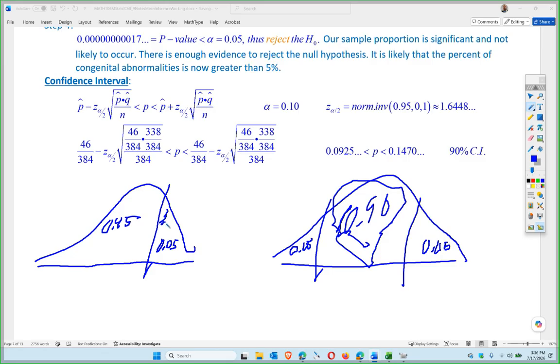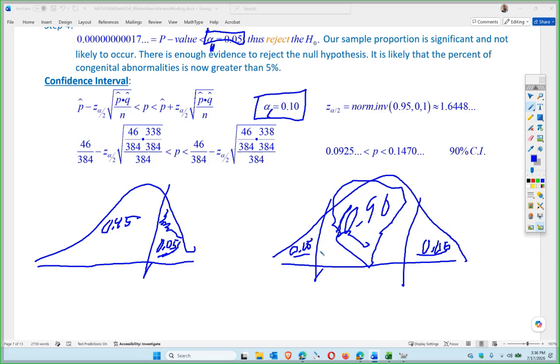So this was the critical region up here. This is the alpha for the hypothesis test. This is the alpha for the confidence interval. Two different alphas. You can do the little subscripts if you want, a C there and an H there. Doesn't really matter.